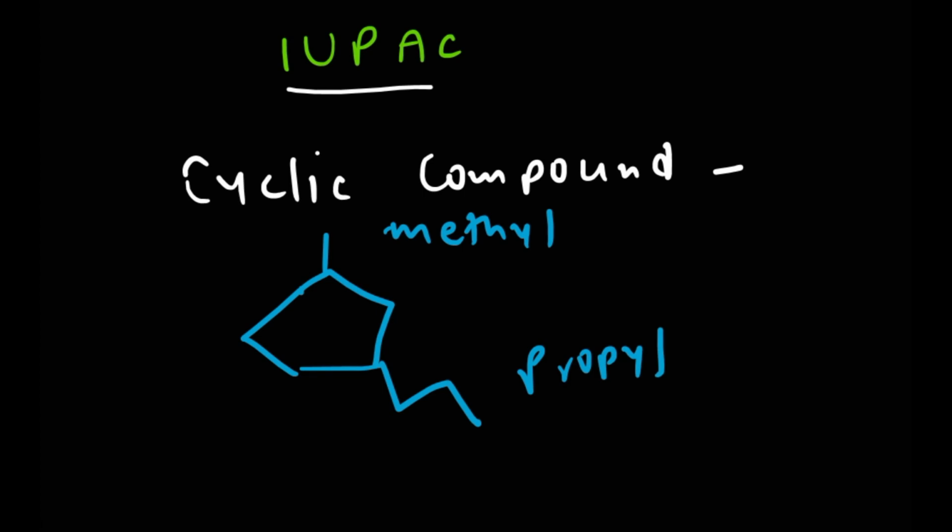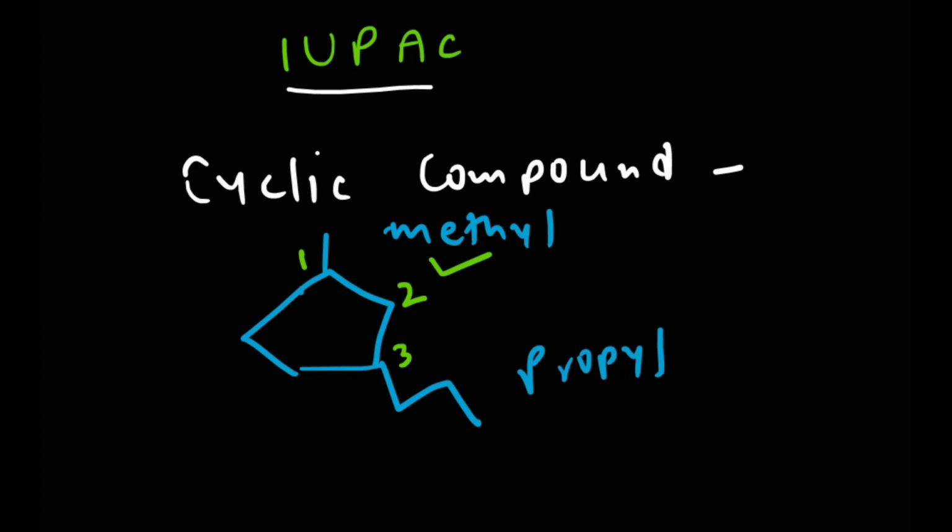Between methyl and propyl, definitely methyl comes first, so we will consider this as number 1, this is 2 and this is 3. We will not consider the numbering 1 2 3 4, because if we follow that route, the next branch would come in number 4, but it should come very first.